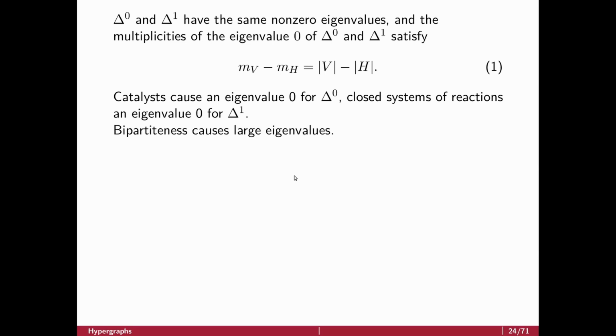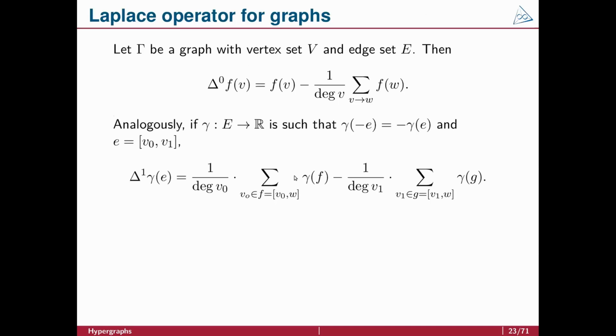And bipartiteness causes large eigenvalues for an ordinary graph. Well, it's a very basic and simple fact that this Laplacian delta 0 has the eigenvalue 2 if and only if the graph is bipartite. Because then you can really have opposite behavior.